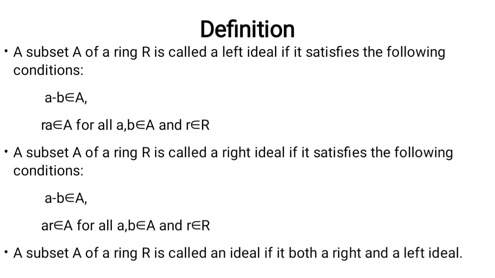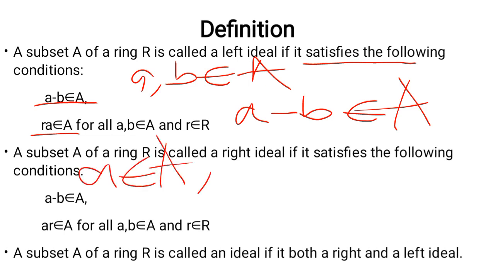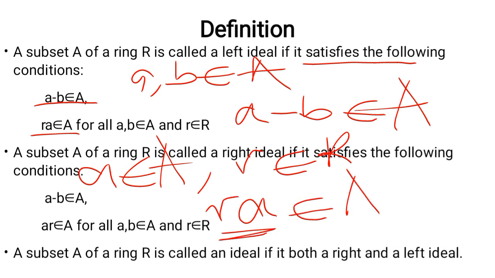That subset is called a left ideal if it satisfies these two conditions. One, if you take any two elements a, b in A, and you take a minus b, the result you get will again be in A. And the second condition is that if you take a in our subset A and you take r from our ring and you multiply a on the left, and the answer you get lies in A, then you say that A is a left ideal.